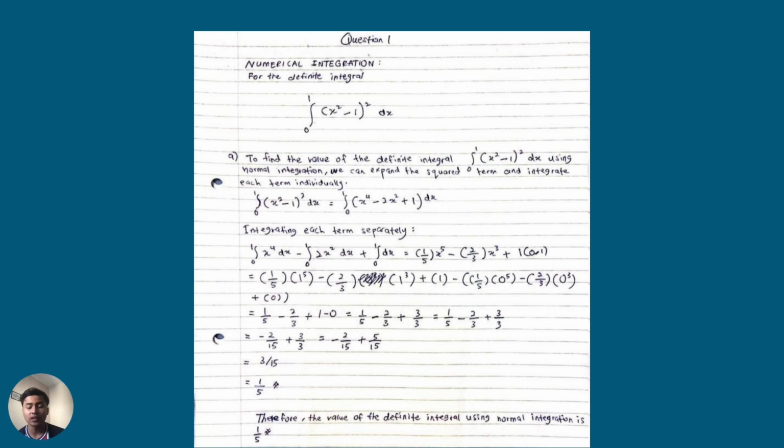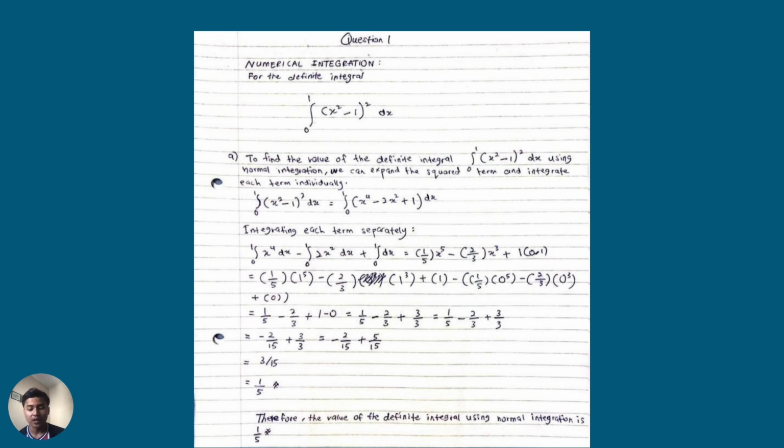Then we can get 1/5 - 2/3 + 3/3, then equal negative 2/15 + 3/3, equal negative 2/15 + 5/15, then equal 3/15, and lastly we can get equal 1/5.